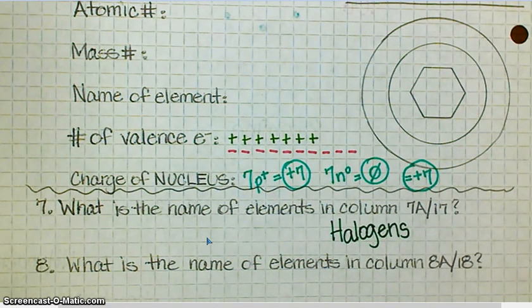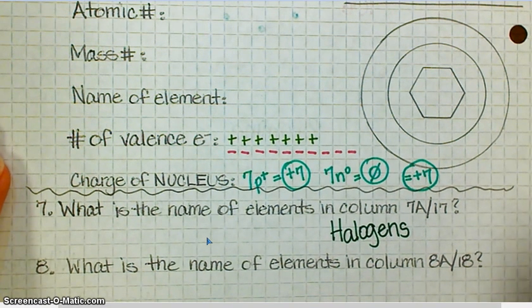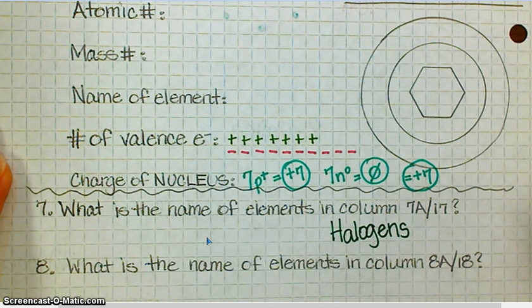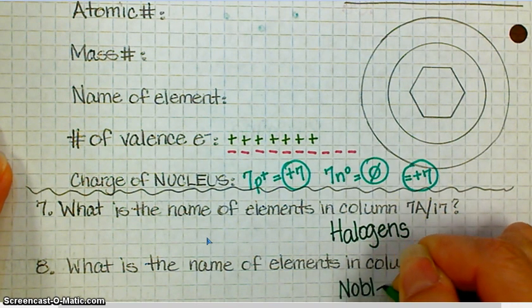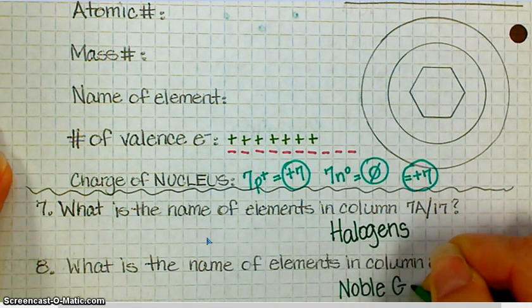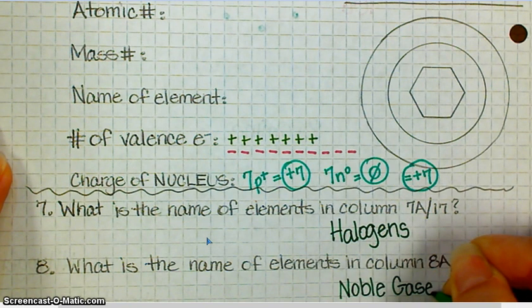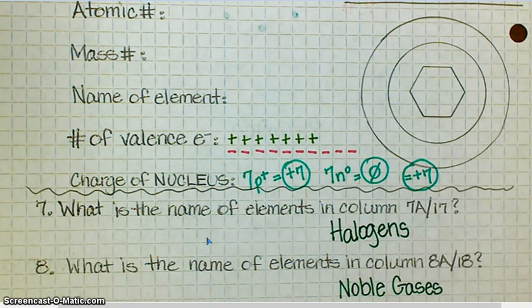And number 8, what is the name of the elements in column 8A or column 18? Those are helium, neon, argon, krypton, xenon, radon. Those are known as the noble gases. And they do not form chemical compounds with anybody. They are inert or non-reactive.